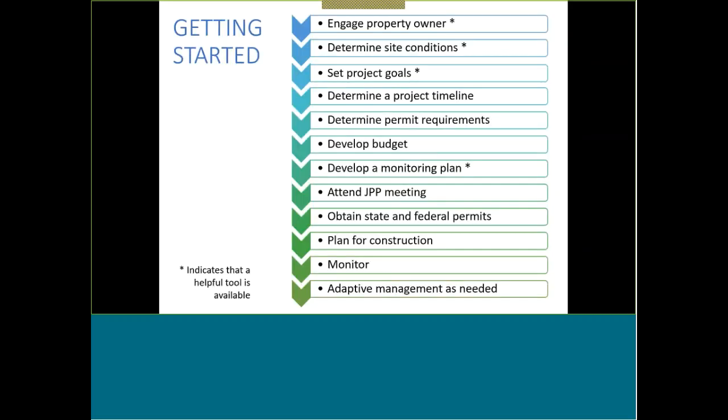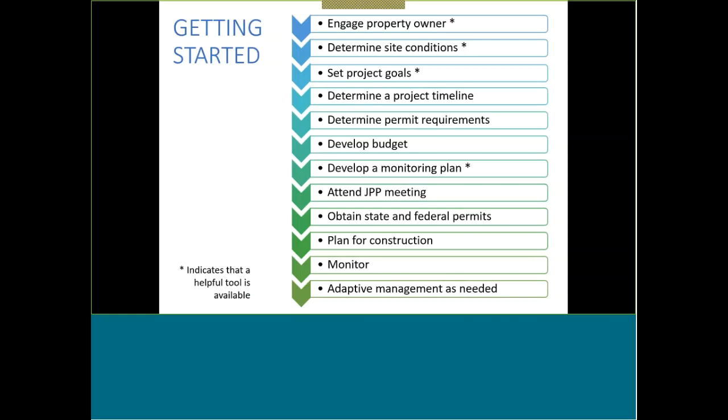So looking at this from the big picture, getting started, how do things flow through? So you want to meet with your property owners, figure out what your site conditions are, set your goals, figure out what your timeline is so that you can determine your permits, develop a budget, develop a monitoring plan so that you can make sure that you're meeting your goals. You're designing your living shoreline to meet your goals.